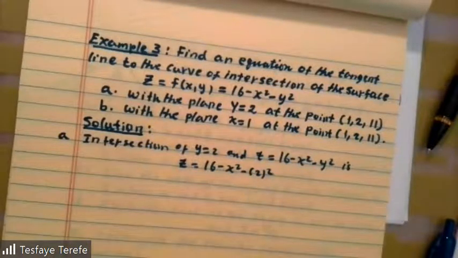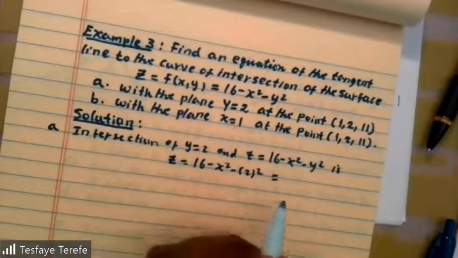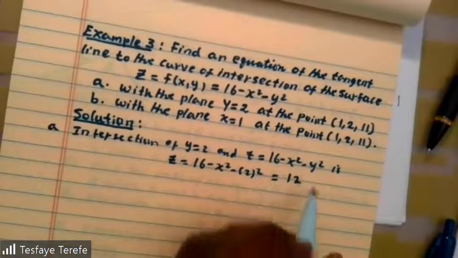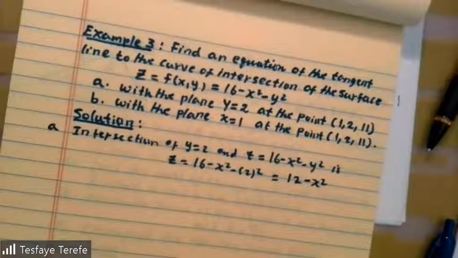We put y equals 2, and this will give us 12 minus x squared, because 16 minus 4. Now this becomes a function of a single variable.